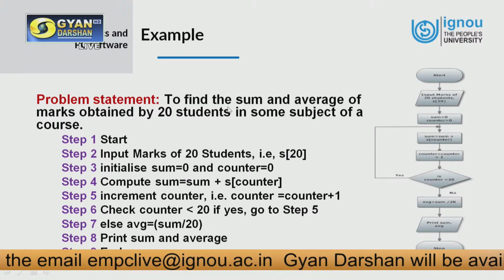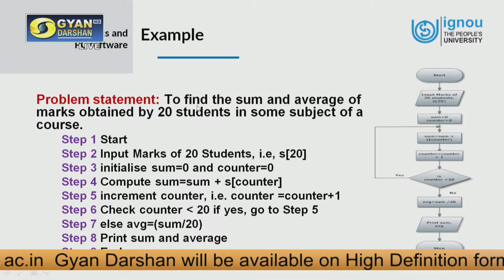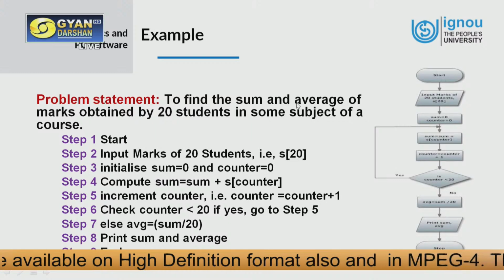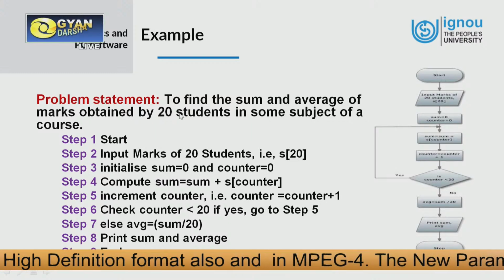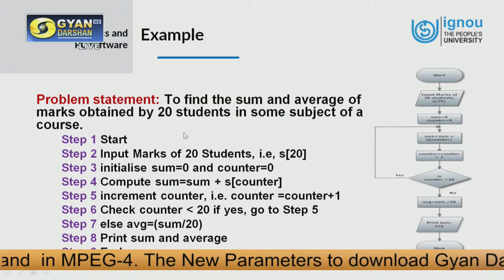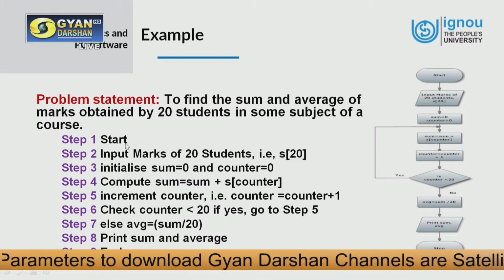So as far as arrays are concerned, let's once again understand this with the help of another problem. The problem basically says to find the sum and average of marks obtained by 20 students in some subject of a course. It starts with, once again, the start as the starting point.